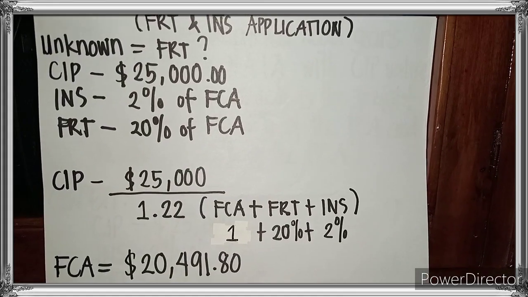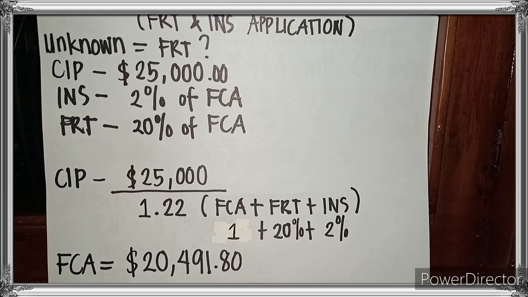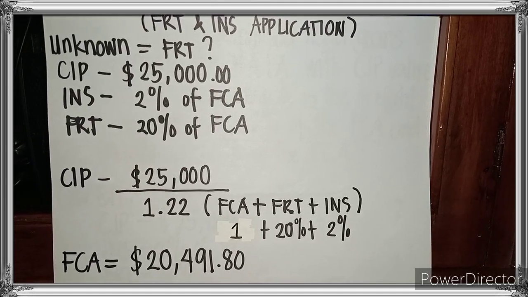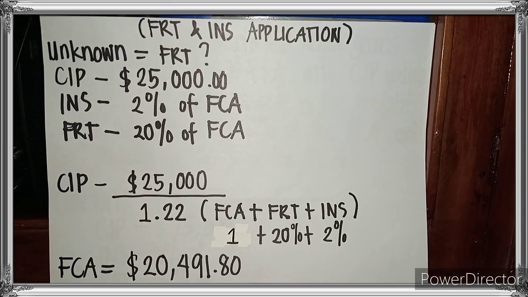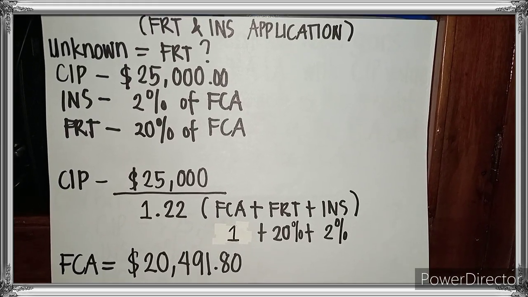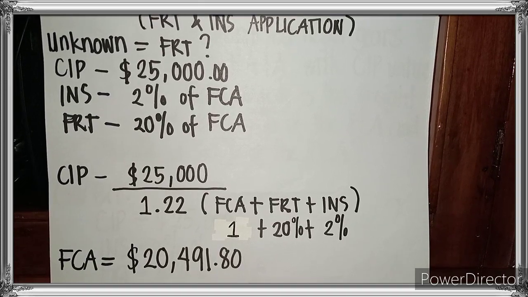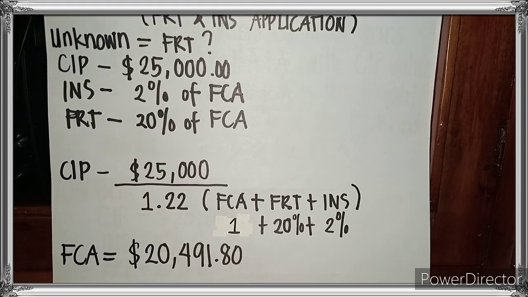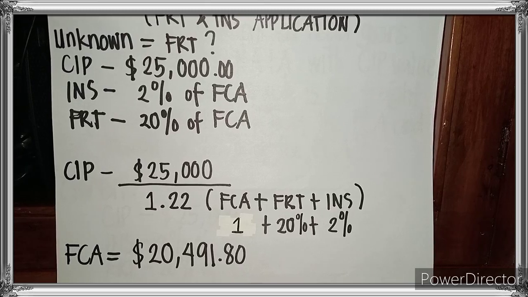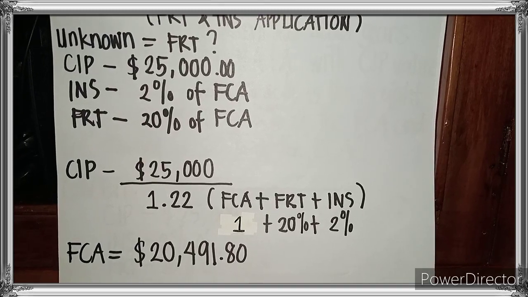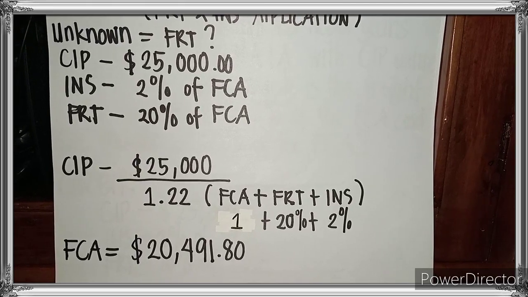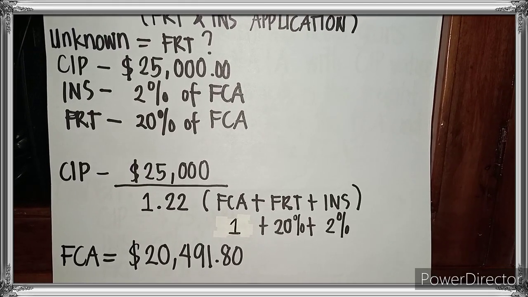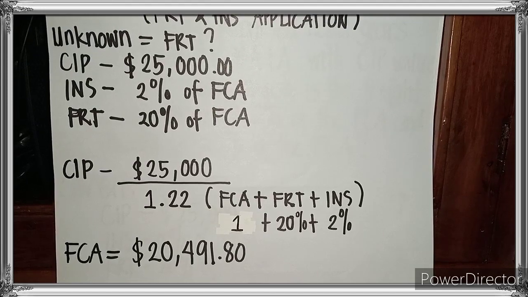So basically, we are done with the application of the rules of freight and insurance. We will now be taking it to the higher level. The unknown here is the freight. The given facts are CIP, insurance, and freight. What we need to do is divide CIP, which is $25,000, by 1.22.